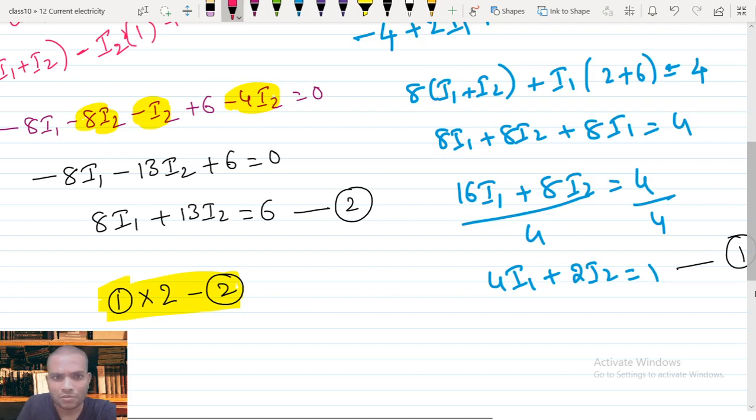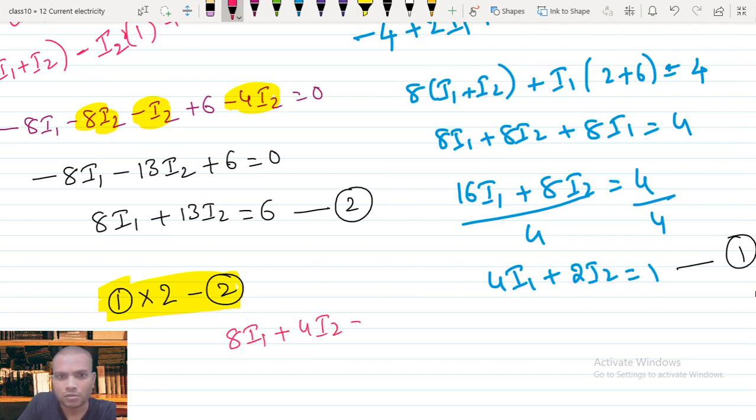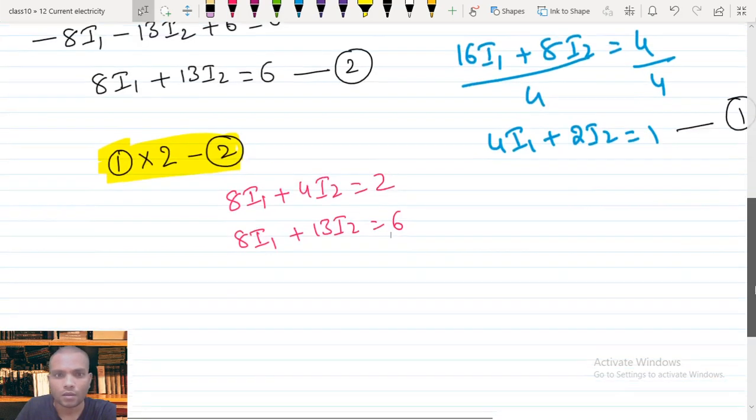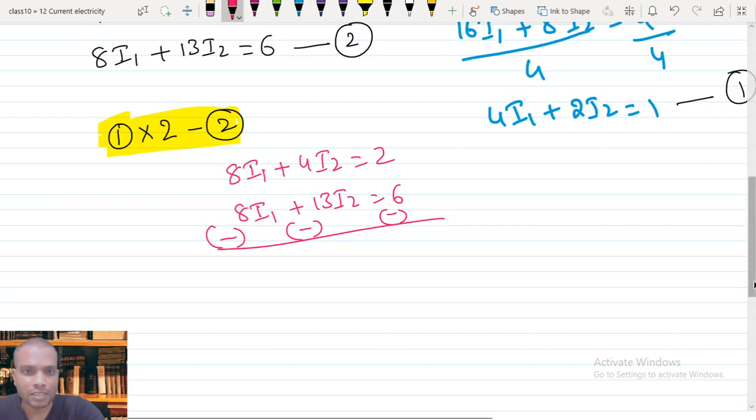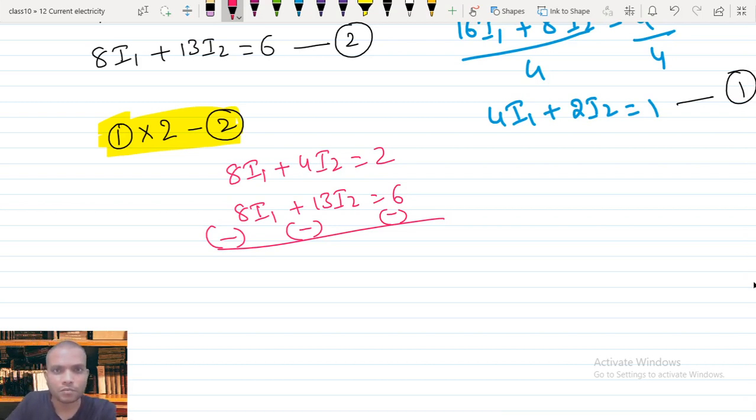So multiplying equation 1 with 2, it becomes 8I1 plus 4I2 equals 2. Let us subtract the second equation, 8I1 plus 13I2 equals 6. Subtracting this, I take the negative sign, so here also negative and here also negative. I hope you are familiar with this type of notation.